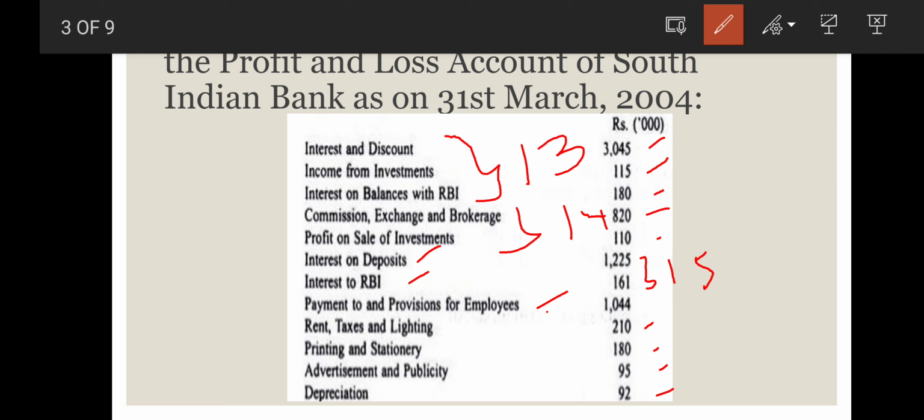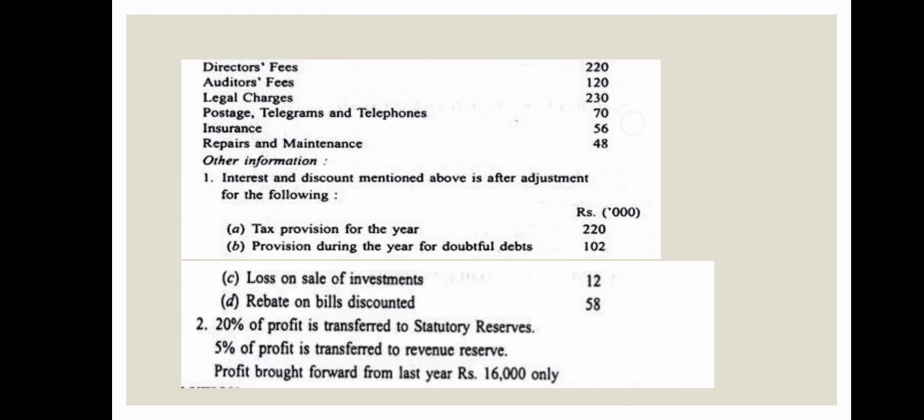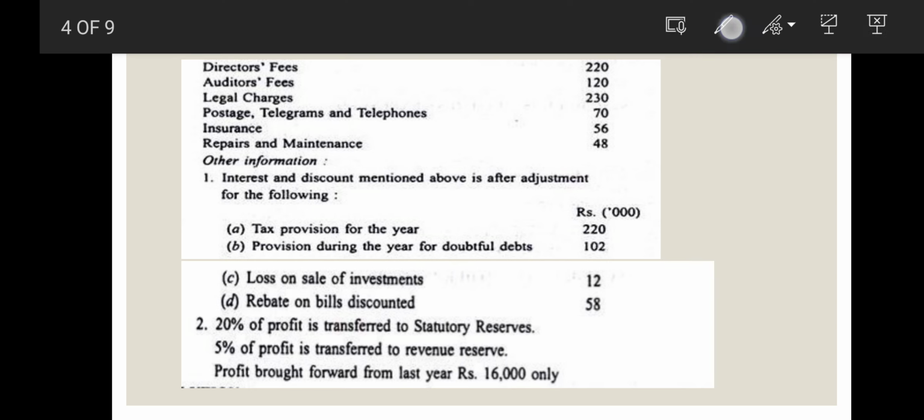They all come in Schedule 16. Next, director fees 220, auditor fees 120, legal charges 230, postage, telegram and telephone 70, insurance 56, repair and maintenance 48. All come in Schedule 16, operating expenses.